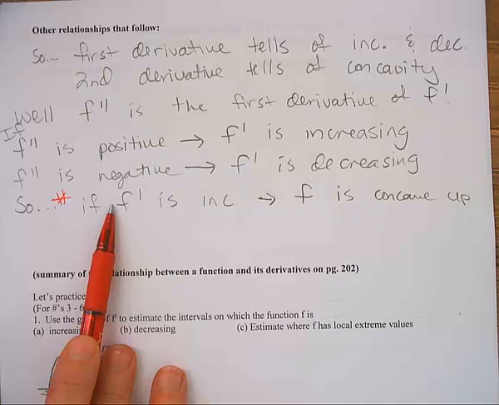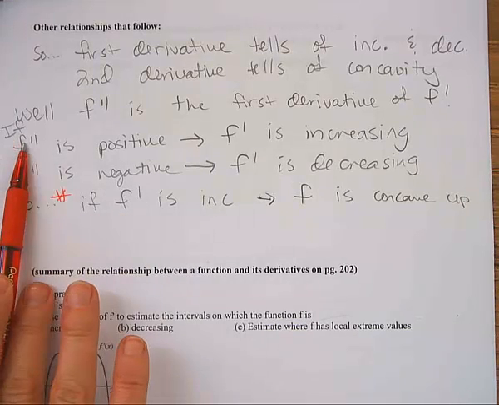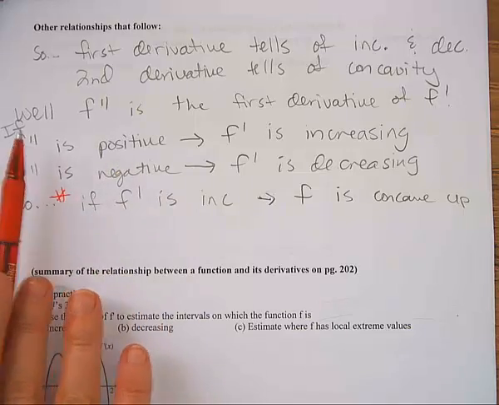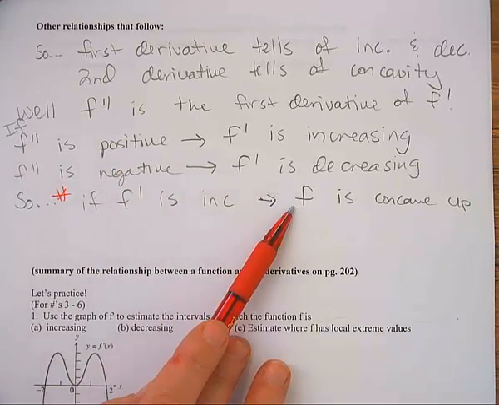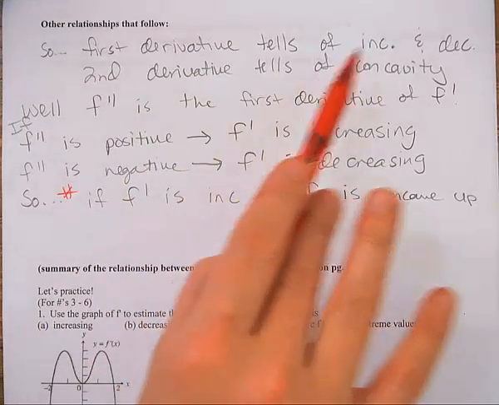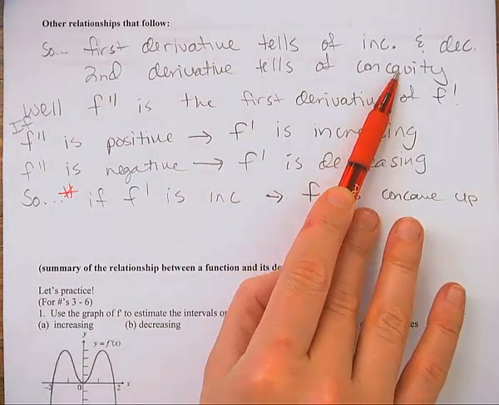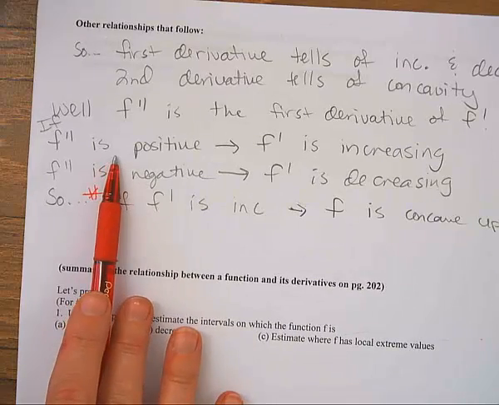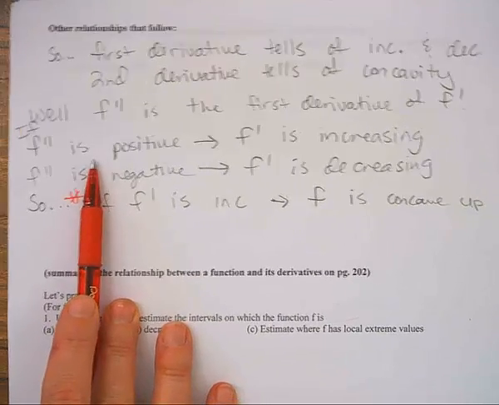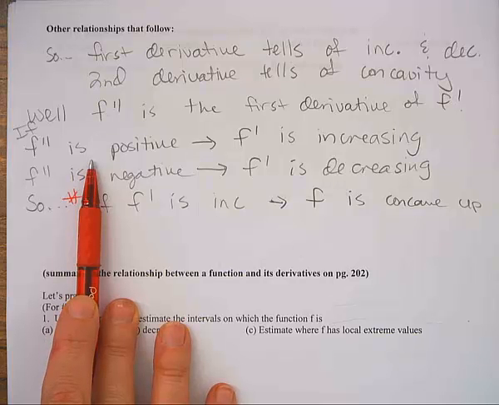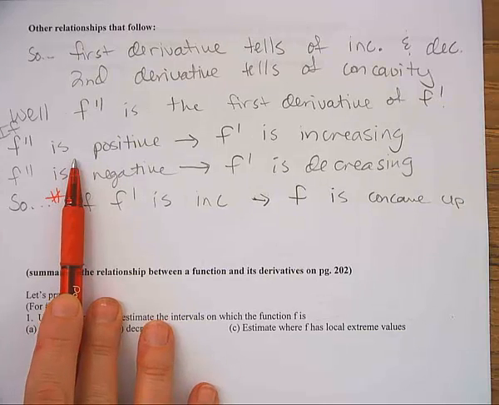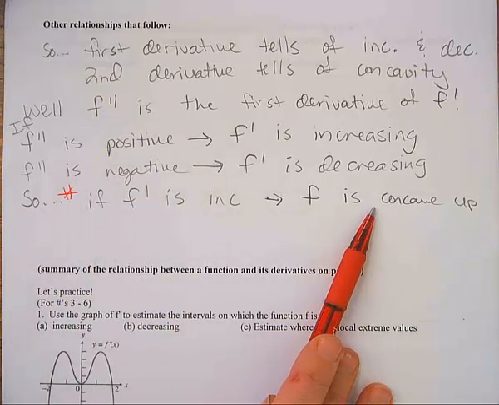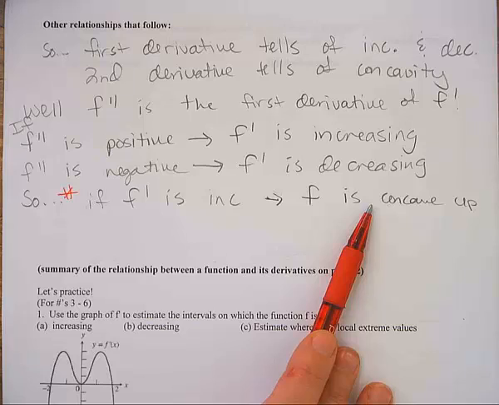So if f prime is increasing, f double prime must be positive. But f double prime, that's the second derivative of f. And the second derivative tells of concavity. So if f prime is increasing, that means f double prime must be positive, because they have the same relationship as a function in its first derivative. Well, if f double prime is positive, that implies that the original function 2 derivatives ago is concave up.